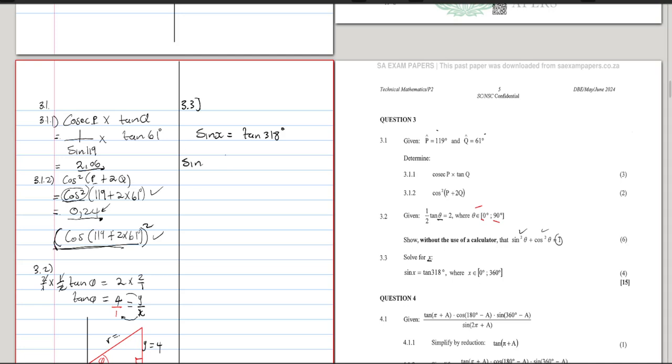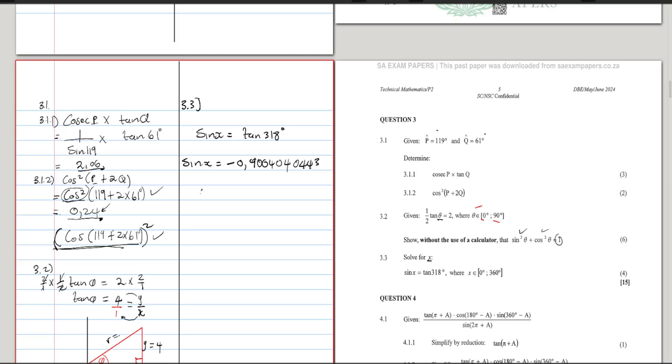Then we have sine x equal to negative, because 318 is in the fourth quadrant, so we have sine 318, bingo, that's negative 0.9004443.